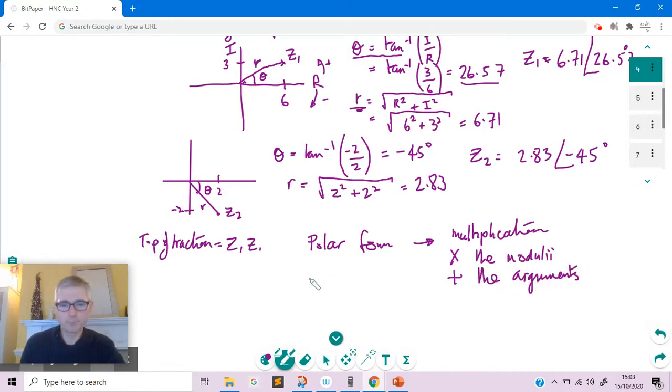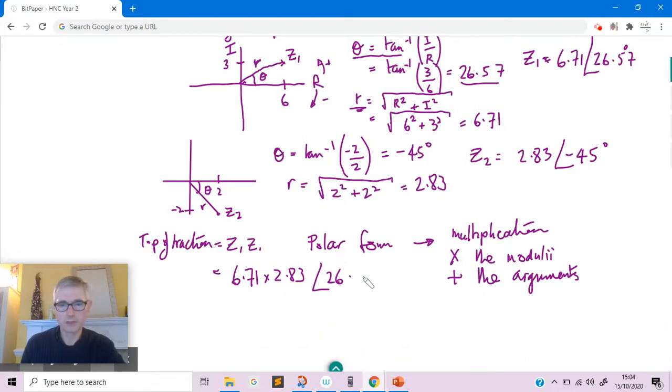So if we do that, then this is going to have a new modulus of 6.71 times 2.83, and the new argument is going to be the 26.57. I think that says it on there, yeah, 26.57. And then if we add this negative number, it's going to be equivalent of taking it away.